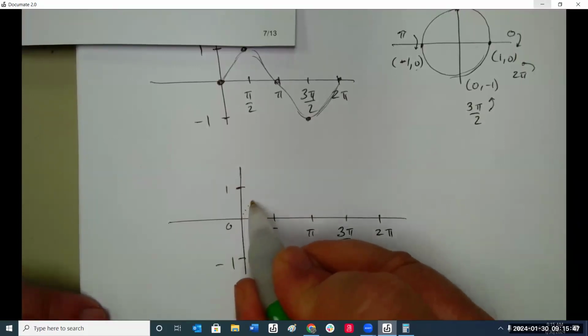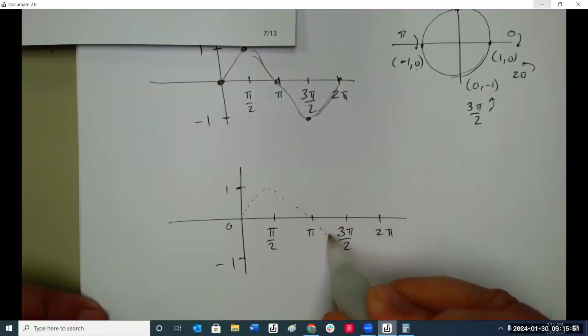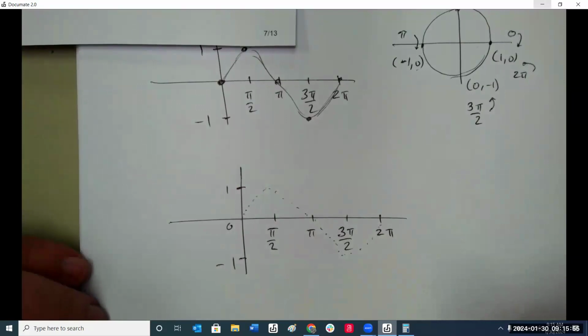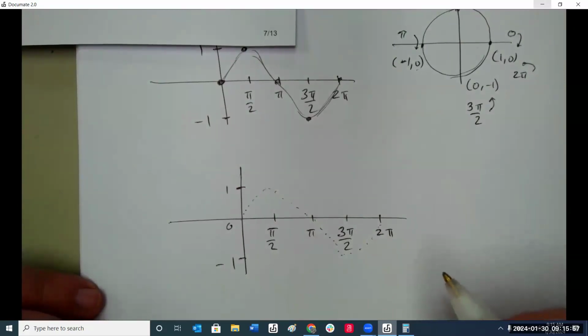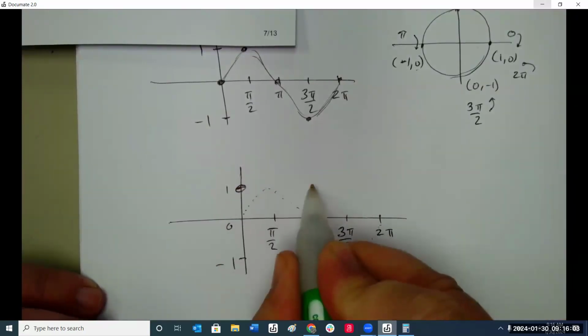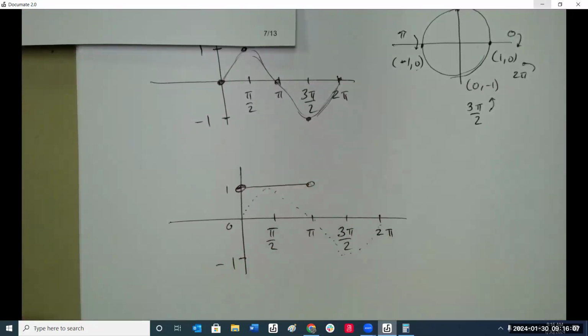So the graph itself looks like this. So from here to here, what happens between here and here now?